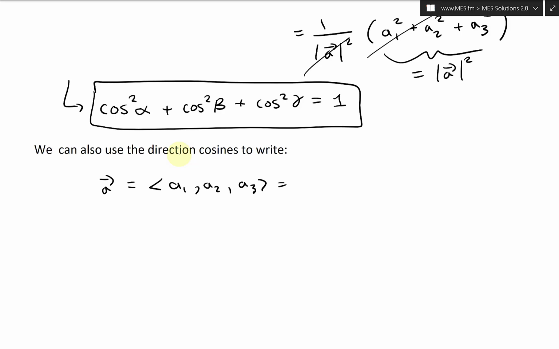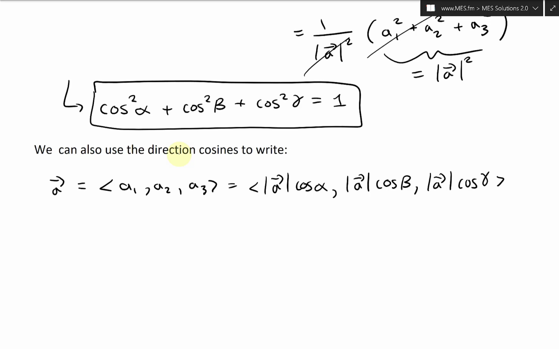This equals, and we can write these all out: a1 is just the length a times the cosine of alpha, the next one is the length a multiplied by cosine beta, and then the length a multiplied by the cosine gamma, like that.